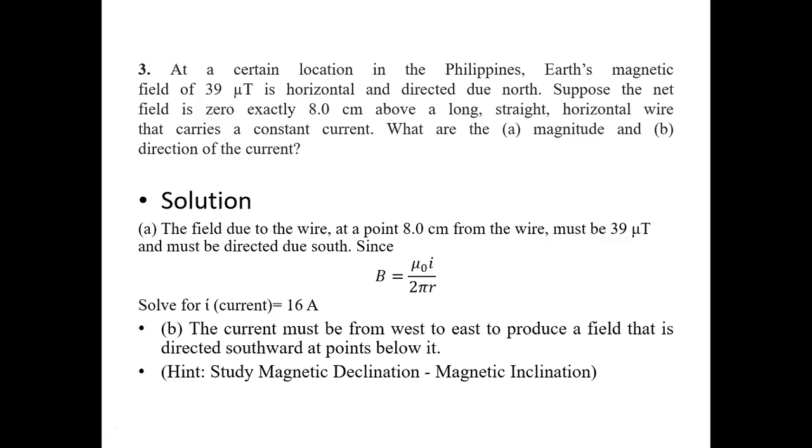To completely understand the Earth's magnetic field, we have to study the concepts of magnetic declination and magnetic inclination. Then we can understand the influence of the Earth's magnetic field over our applied magnetic field due to current.